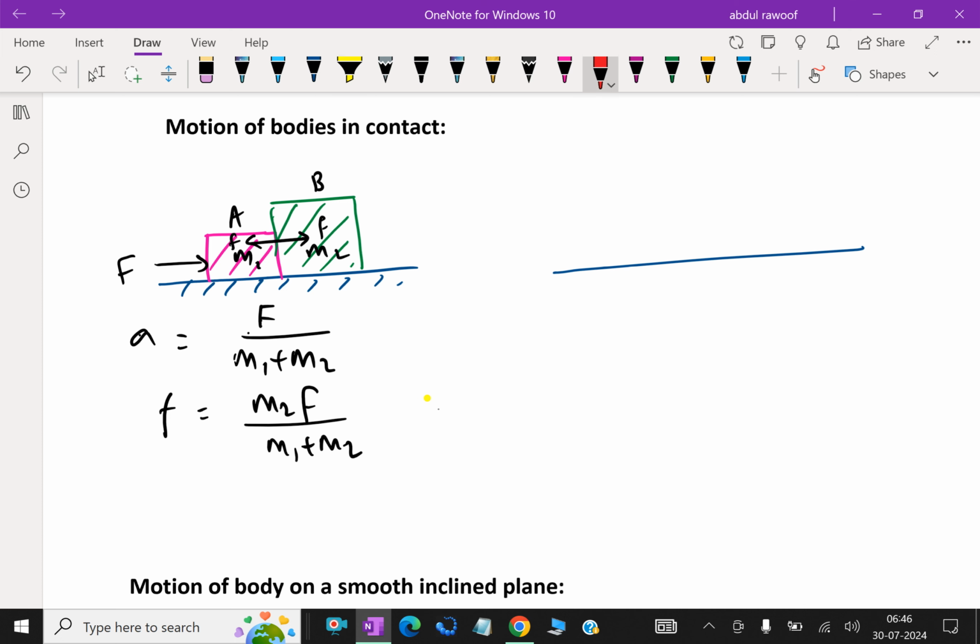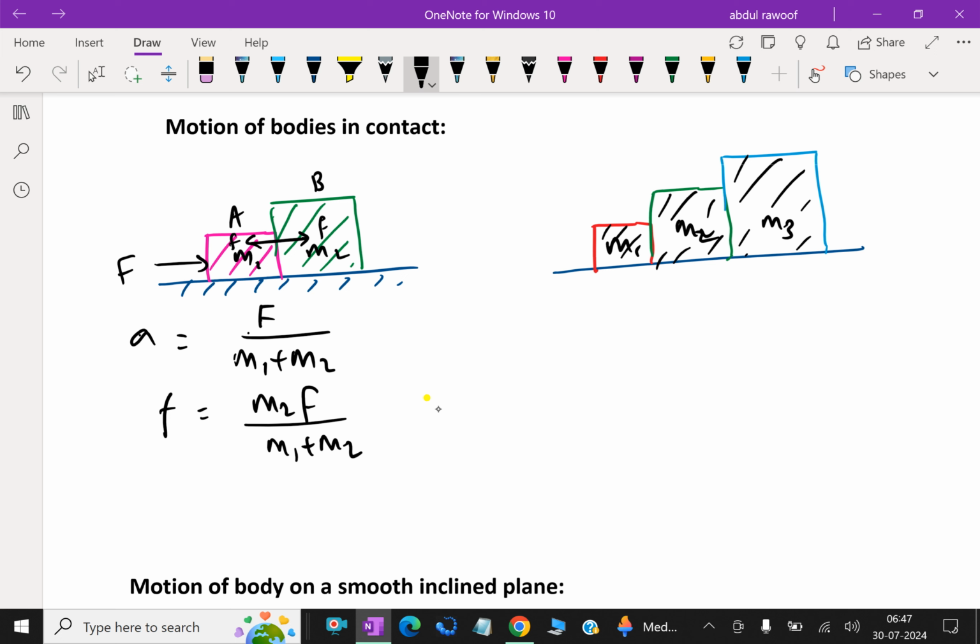Three bodies are in contact: first, second, and third. Here the masses are M1, M2 and M3, and the bodies are named A, B, C. Force is applied here.